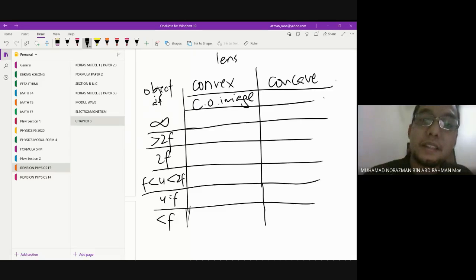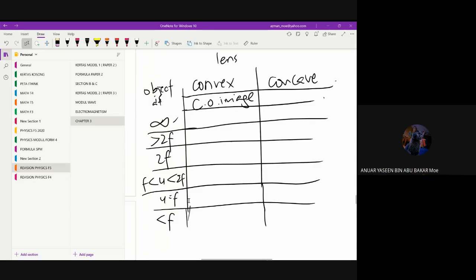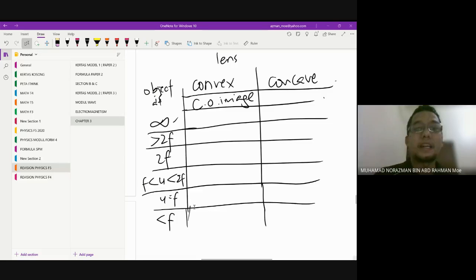Apa karakteristik? Convex when object at infinity. Ingat tak tu apa tu yang boom tu? Apa dia? Convex.